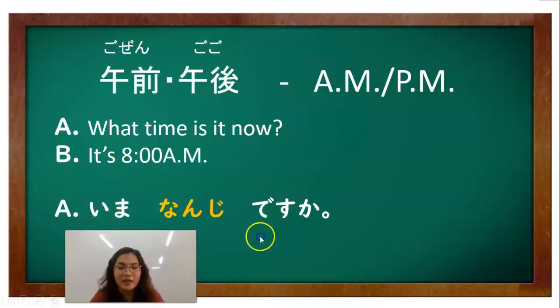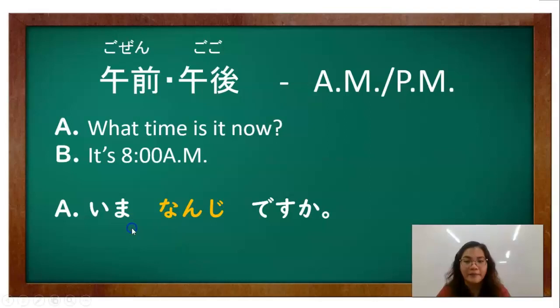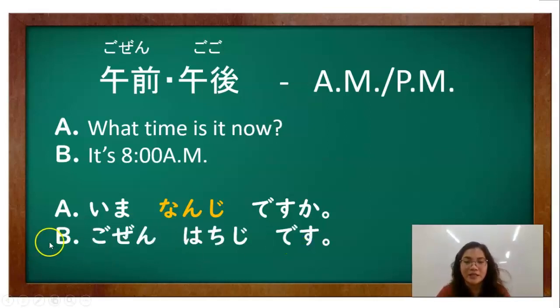It's 8 a.m. In Japanese, it is gozen 8時です.